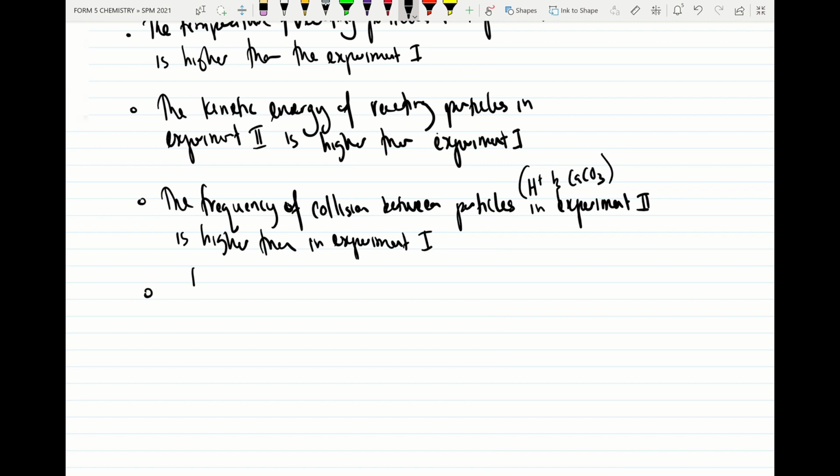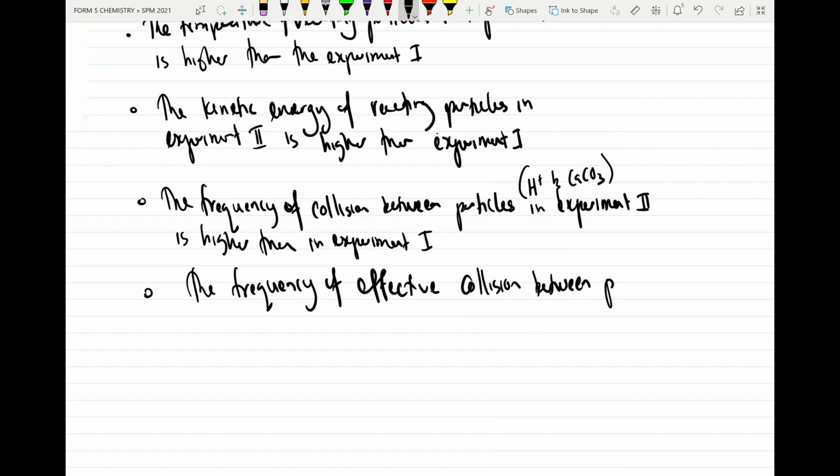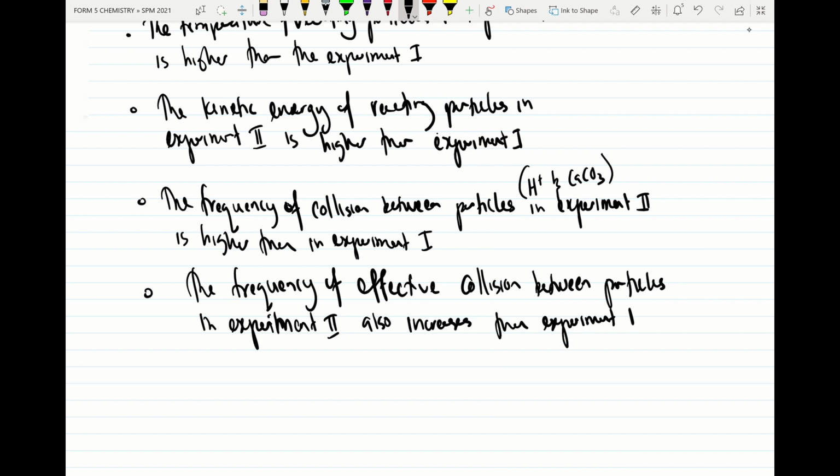All right, next one, the frequency of effective collision between particles in experiment 2 also increases than experiment 1.